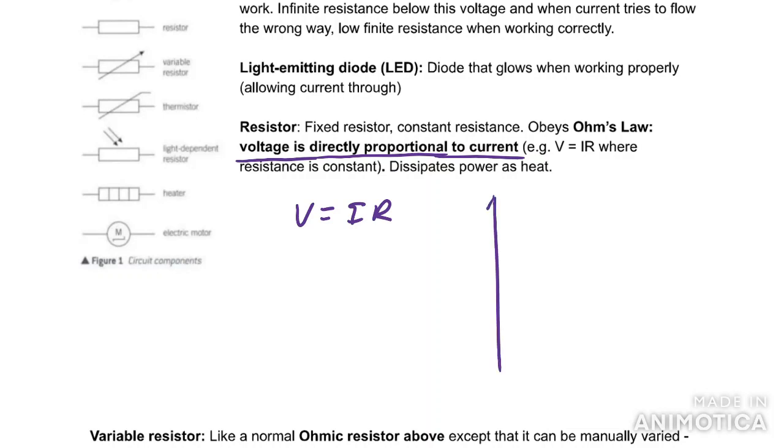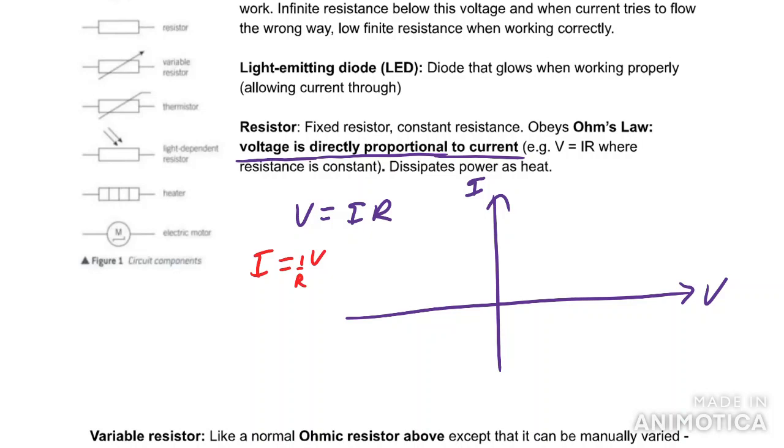And so on an IV graph, if something obeys Ohm's law, well, rearranging this, I equals 1 over R times V. On an IV graph, if voltage is directly proportional to current, then we know that it's going to be a straight line through the origin.